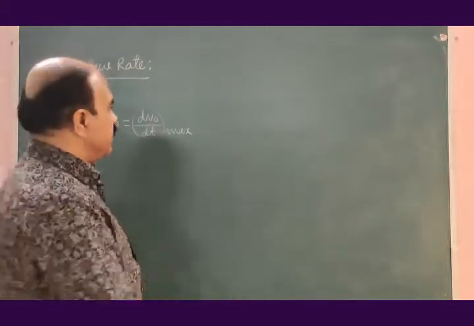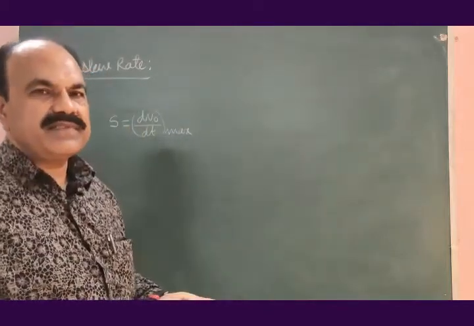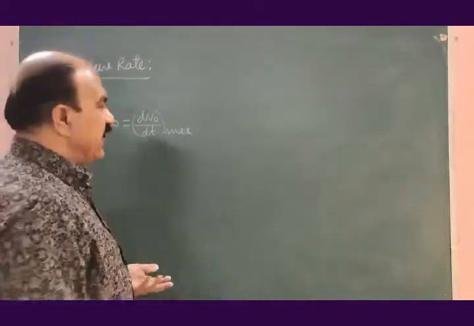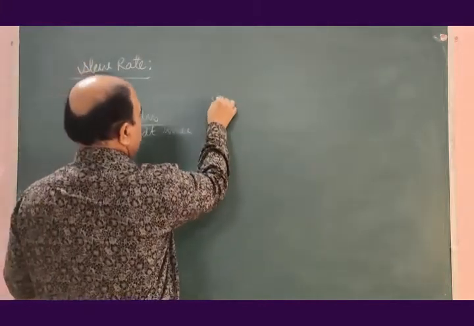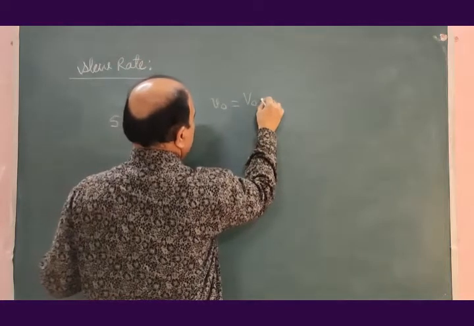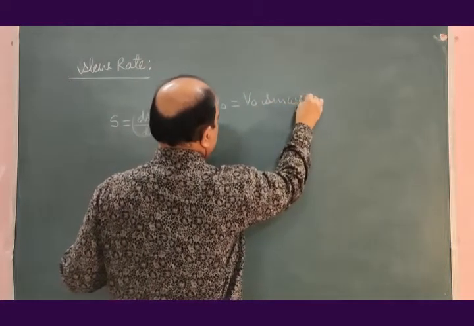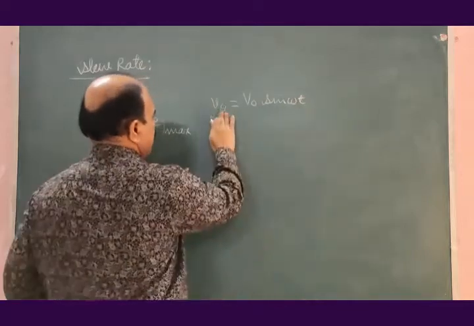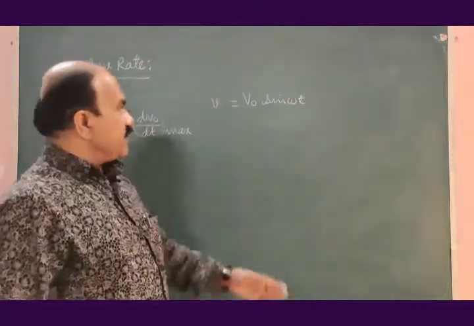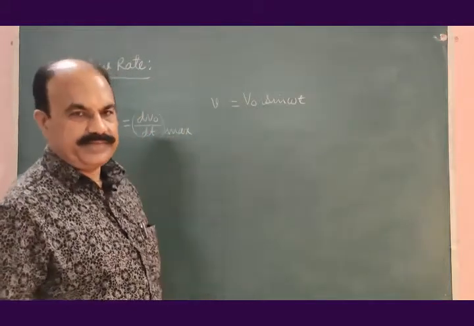Let us suppose that we are amplifying a sine voltage and the output obtained is Vo sin omega t. Let us suppose the input is V equal to Vo sin omega t.